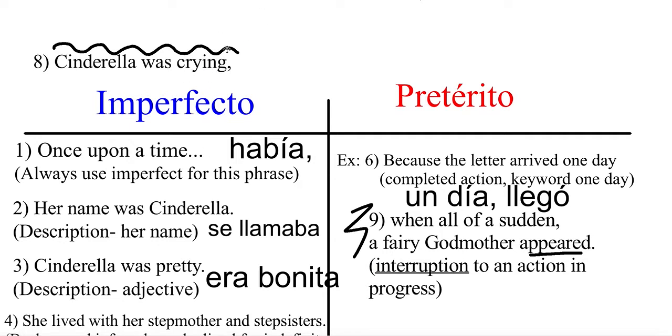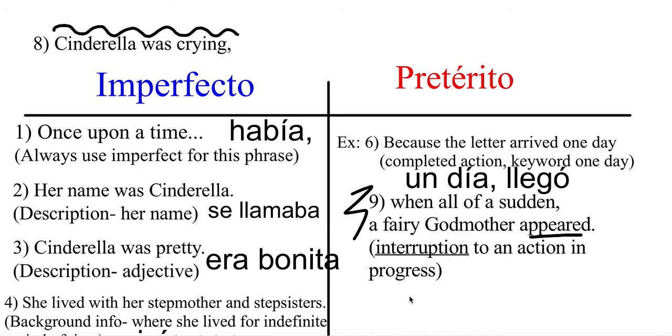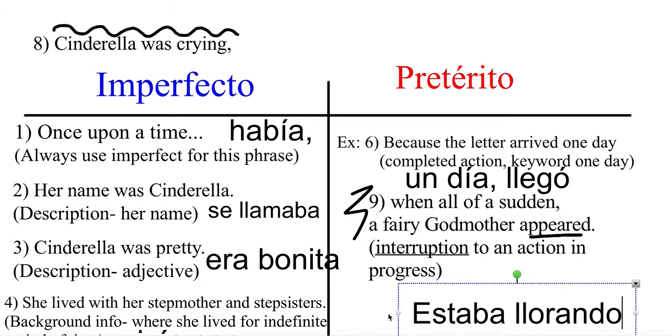So if you have a sentence where you have 2 of those types of actions, the in progress action and then the interruption, you have 2 different tenses. You have the imperfect for the in progress and the preterite for the interruption. So overall, that sentence would look like this. Cinderella estaba llorando, and you would put that over here.